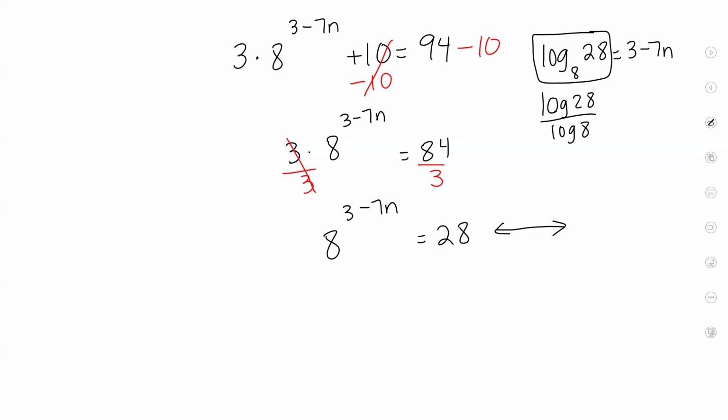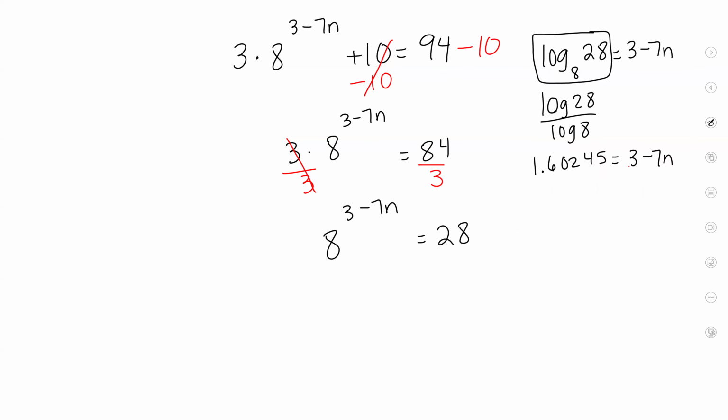What did you guys get when you typed that in? I got 1.60245. Did you get that too? Okay, great. So now I'm not going to round yet. I'm going to round at the very end.